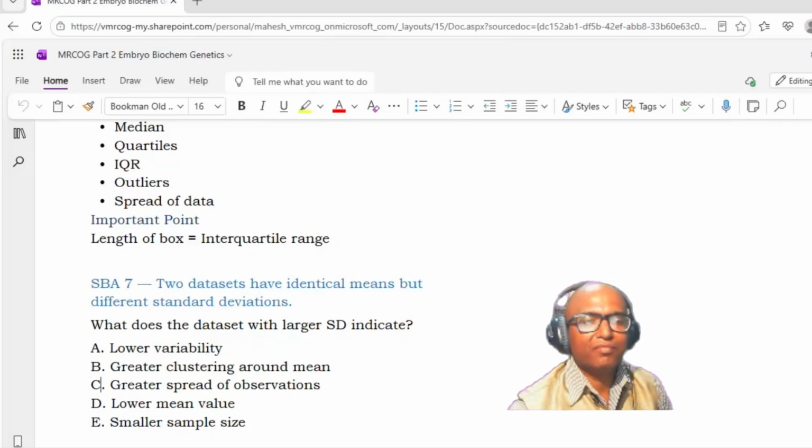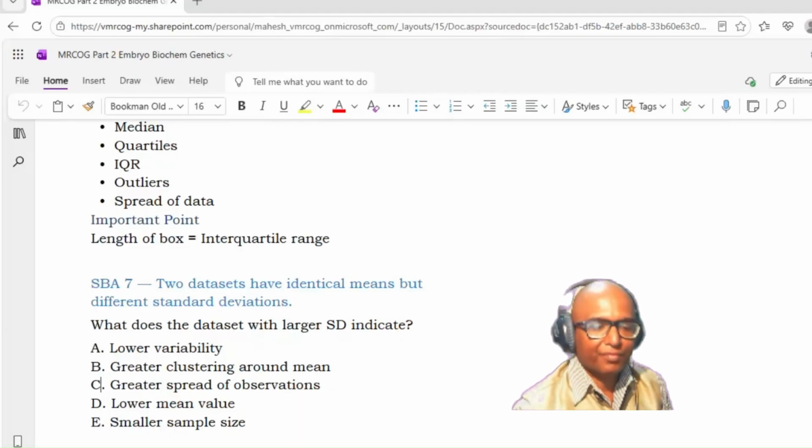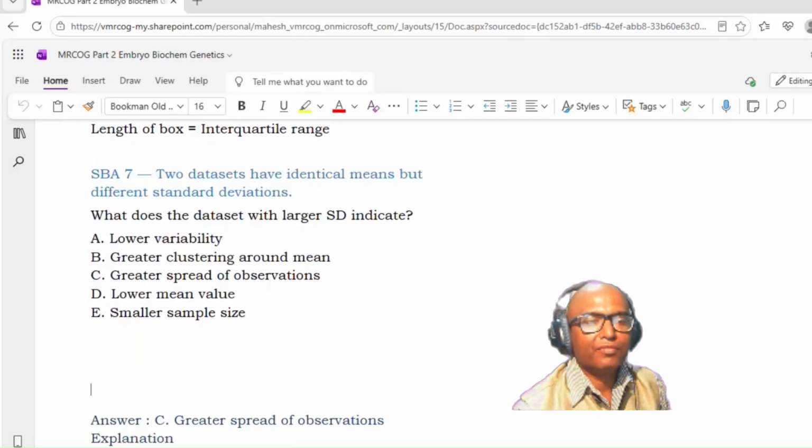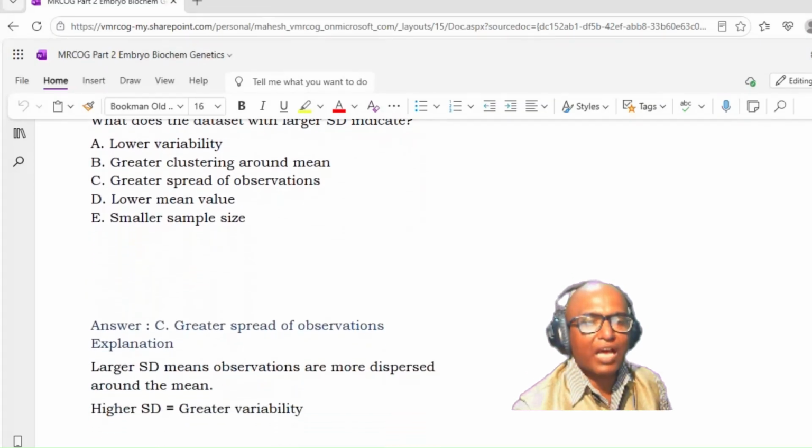Sir, option C, greater spread of observations. Because here the coefficient of variation will tell about the individual observation. Option C, greater spread of observation. So larger SD means observations are more dispersed around the mean. Higher SD is the greater variability.